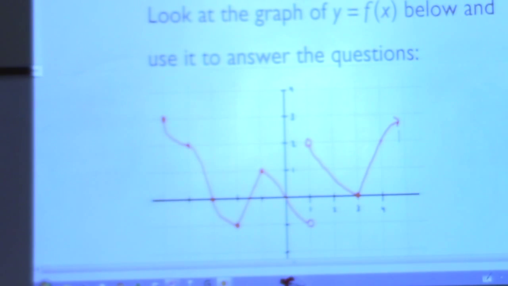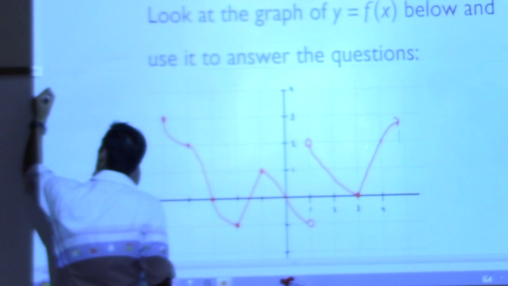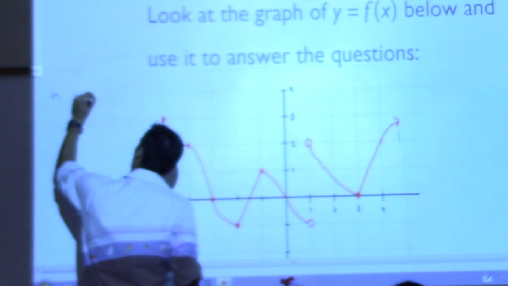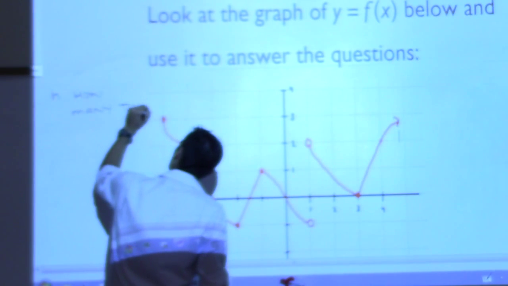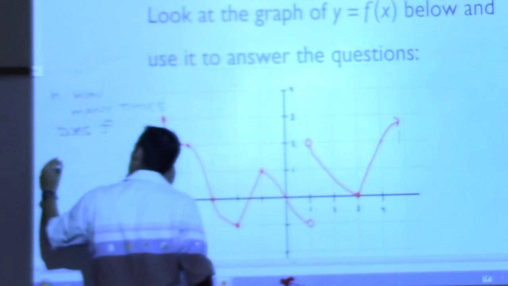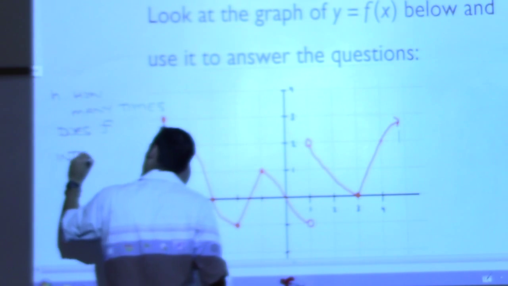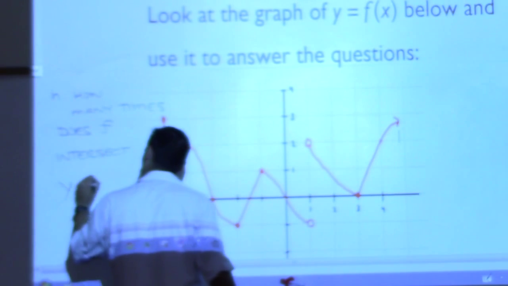H. How many times does F intersect y equals -1/2?